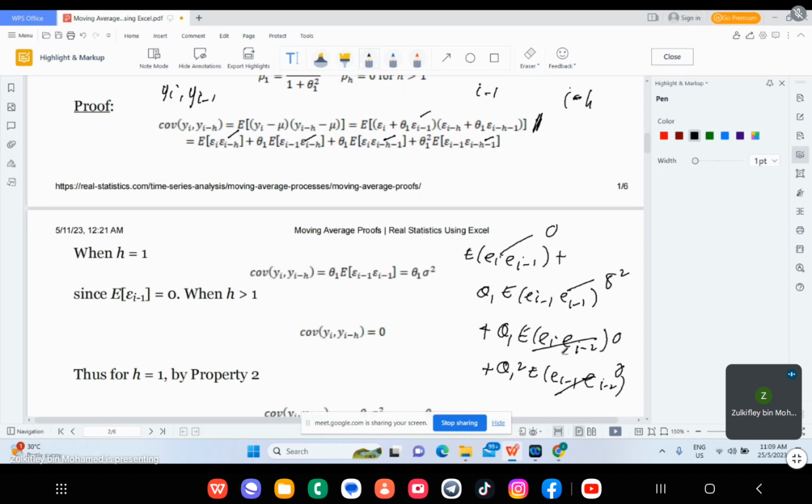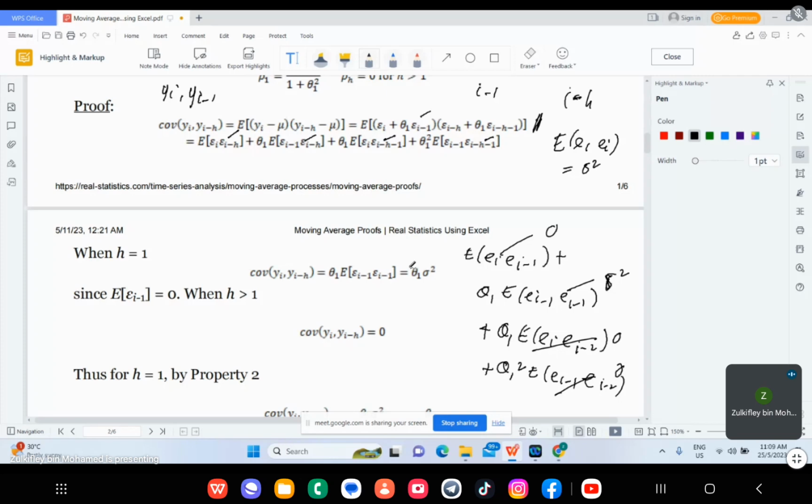Expectation of epsilon i and epsilon i minus 2 is equal to 0. Expectation of epsilon i minus 1 and epsilon i minus 2 is equal to 0. They have to be the same, only then it becomes sigma squared. Expectation of epsilon i and epsilon i is equal to sigma squared. But if it is a different time frame, it will become zero. So epsilon i minus 1, epsilon i minus 1 equals sigma squared. So the final answer here becomes theta 1 sigma squared.